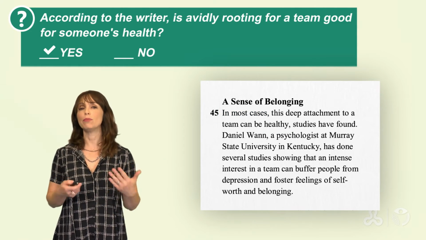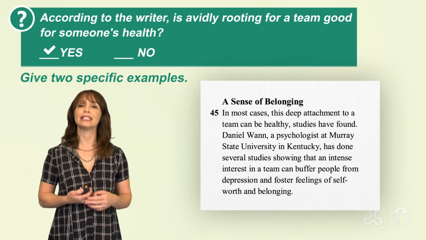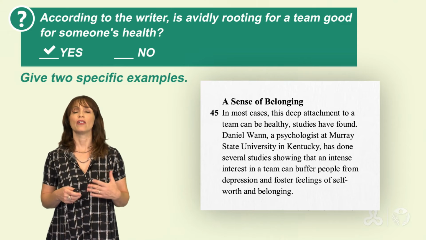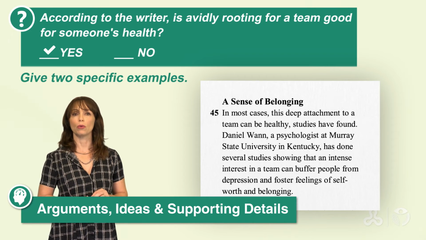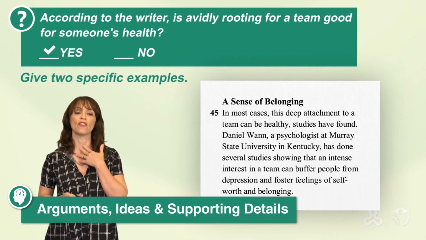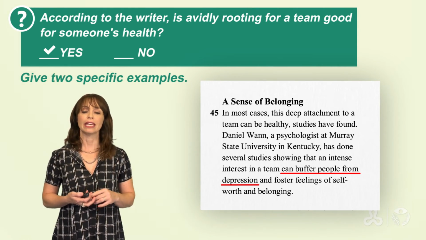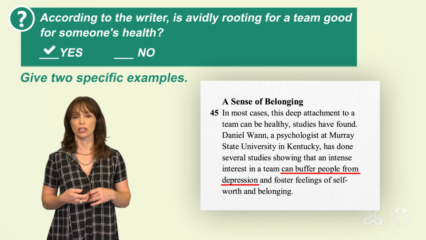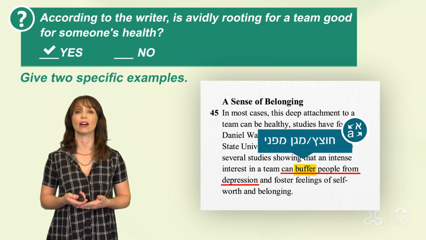Then we have the second part of the question. Give 2 specific examples of the healthy aspects of rooting for a team. So, of course, if you look at the end of paragraph 45, it says here, rooting for a team can buffer people from depression. Okay? It can prevent or protect against depression.